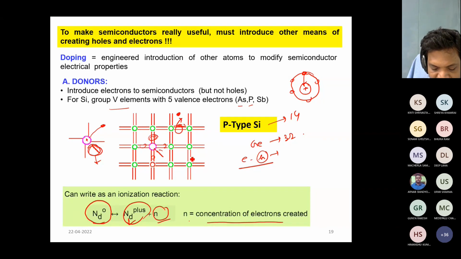As a whole, in one isolated atom, the number of electrons and number of protons are equal.